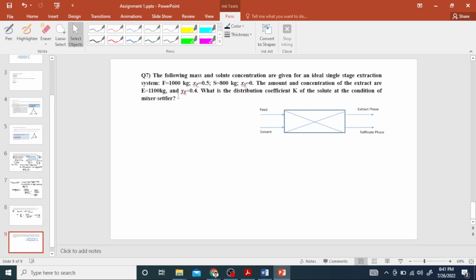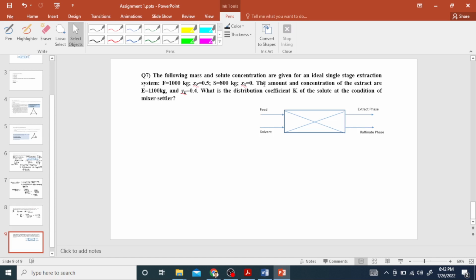Question 7 is the same as question 5. The following mass and solute concentrations are given. Only the solute information is given. For an ideal single stage extraction system, F is equal to 1000 kg with X 0.5, and solvent is 800 kg, and the mole fraction of the solute in the solvent stream is 0.